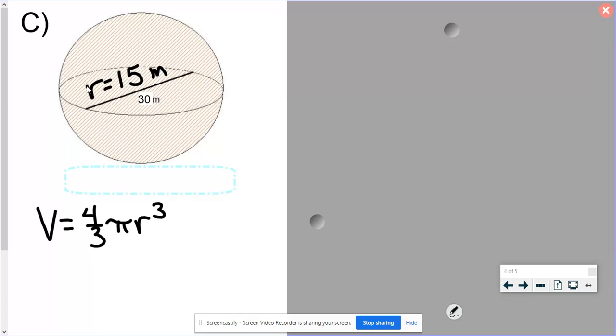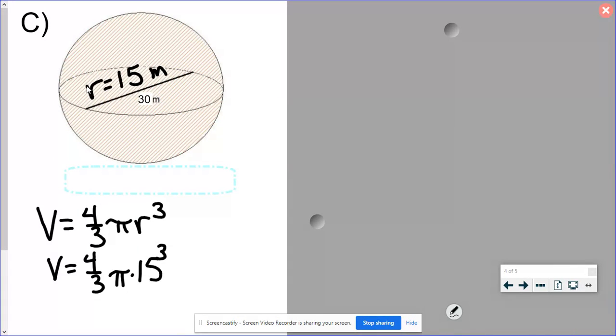So that 15 is going to go in for the r. 4/3 pi times 15 cubed. 15 cubed is really big. 15 to the third power is 3,375. And then again, I like to go times 4, divide by 3 times pi.